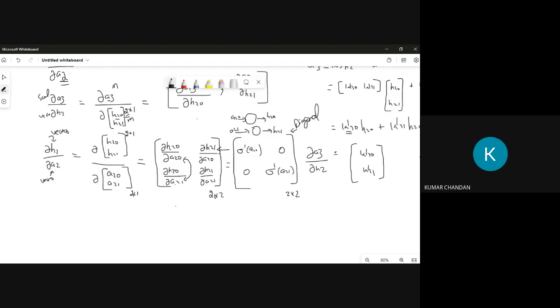Yes, sir. Since we know it is a diagonal matrix, we need not compute the entire matrix. We can compute it column-wise and make the entire matrix diagonalized. Yeah, that's what the computational graph does. The computational graph keeps track of the dependencies.